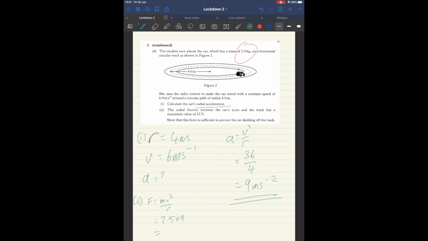The centripetal force required is 22.5 newtons. So the friction is 23, you're home and dry. There's no way that car can come off because the centripetal force provided by friction is sufficient to get you around, so the force of friction is greater than the required F cent.